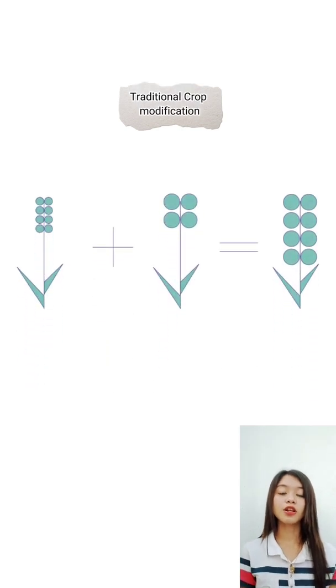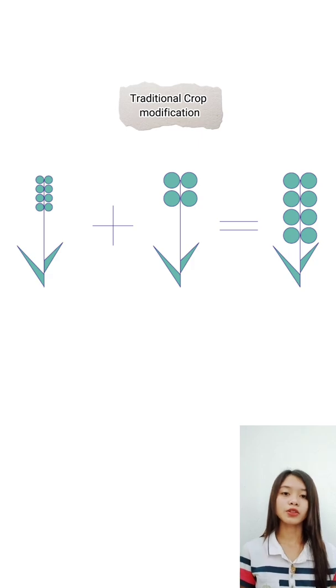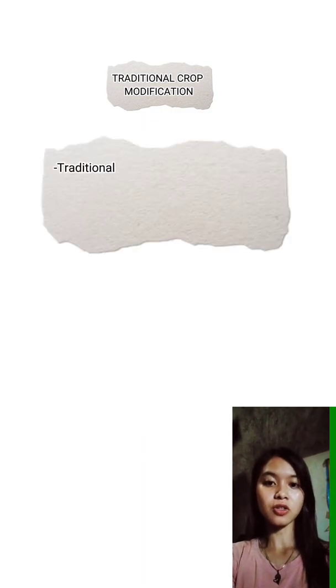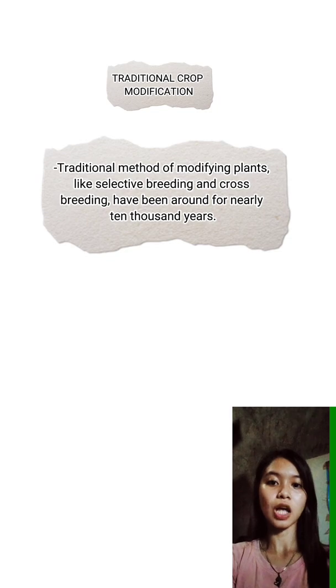First, traditional crop modification. Two similar plants cross-pollinate to create a new plant. Traditional methods of modifying plants, like selective breeding and crossbreeding, have been around for more than 1,000 years.